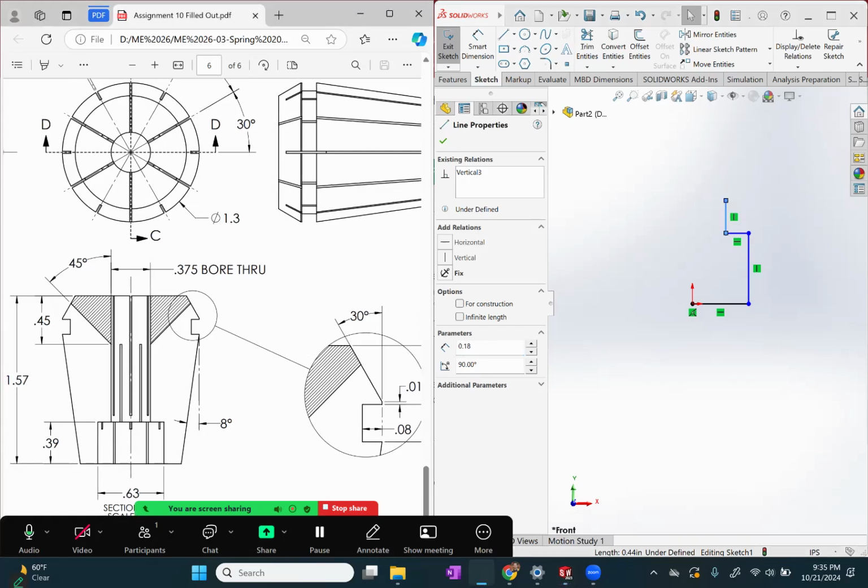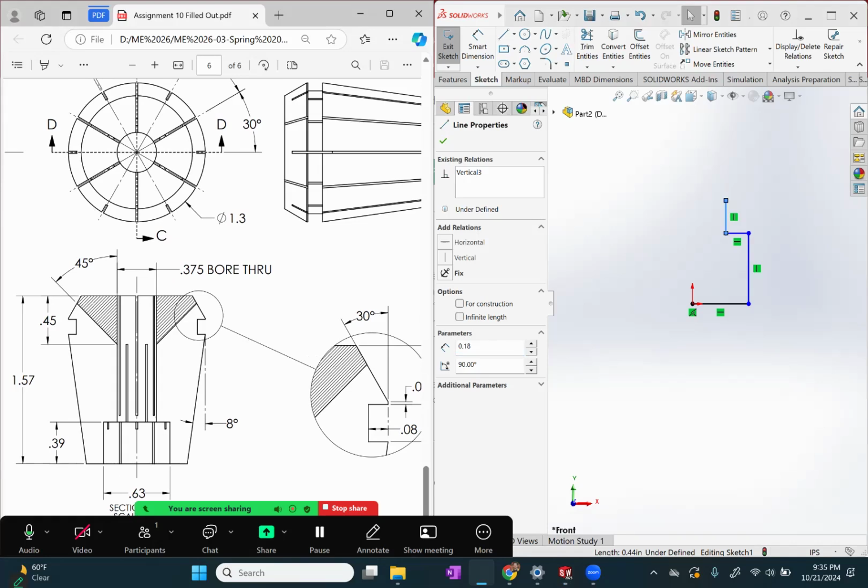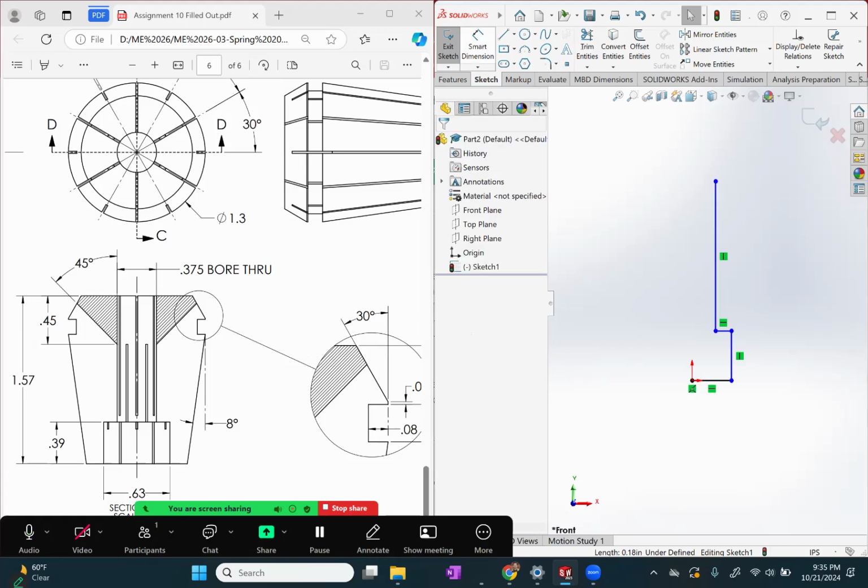I bet if I move over here, there's that one that I was missing. So it's 1.57 minus 0.39. That seems more realistic. It's also good to double check. Sometimes you want to work with logic. If some things don't look right, maybe go over it again. It's a good practice.